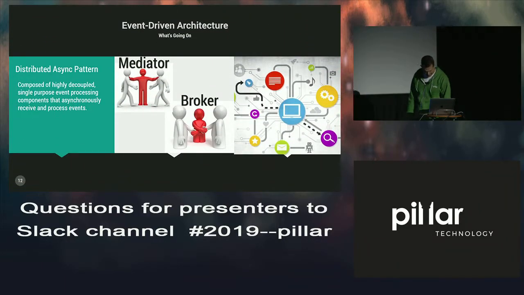Cool. All right, event-driven architecture. So this is a distributed architecture pattern. There's two main ways of thinking about it, mediator and broker. Event-driven architecture, I think, has gotten a lot of good attention recently.